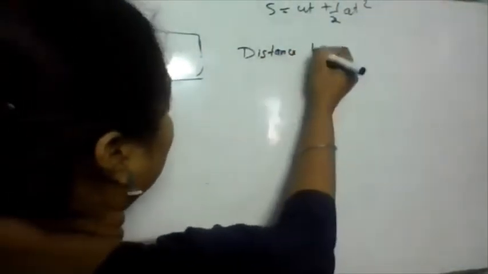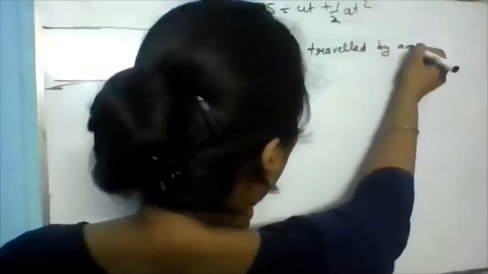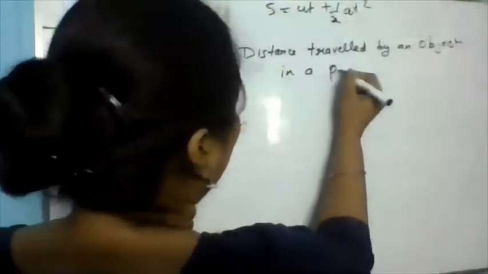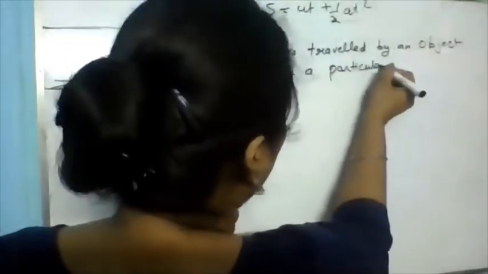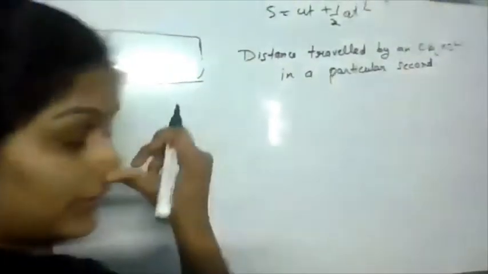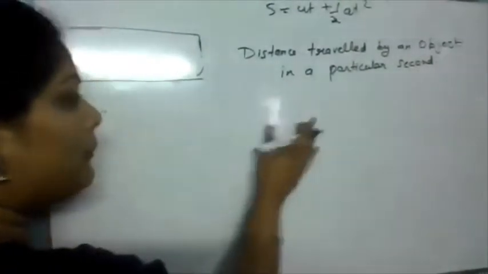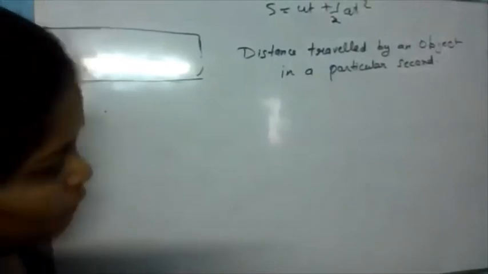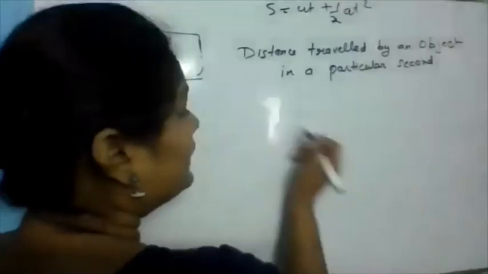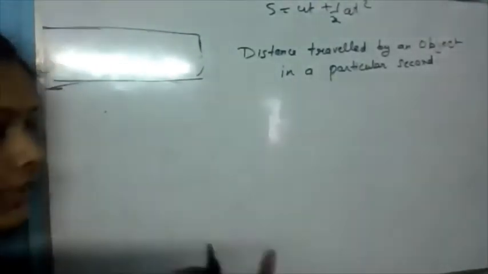Distance traveled by an object in a particular second, or we can say in the tth second. Let us consider a particle which has initial velocity u, and after time t it will gain final velocity v, and it is moving with a constant acceleration a.